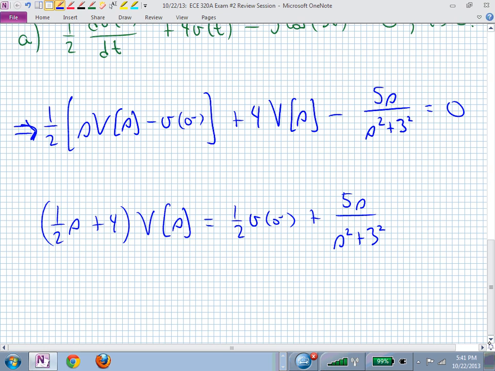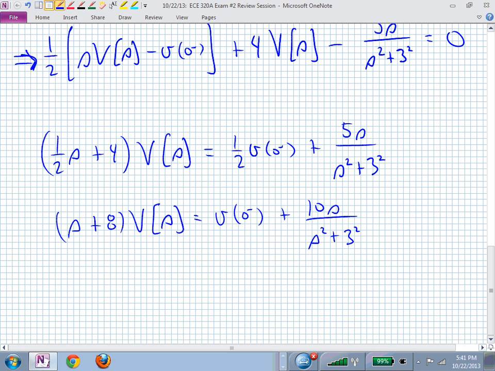Just moving all the terms not associated with capital V of s to the other side. And I don't like that coefficient in front of the s right now. It's making me feel not so warm and fuzzy. So I'm going to just multiply the whole thing through by 2 everywhere, and that'll get rid of that 1/2. Meaning I can convert that to s plus 8, capital V of s, equaling v of 0 minus plus 10s over s squared plus 3 squared.